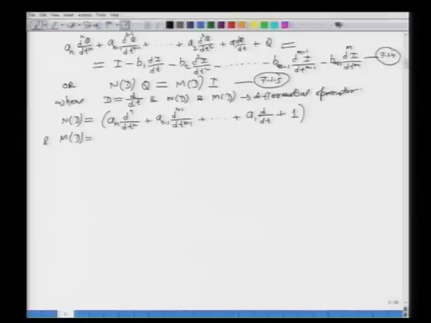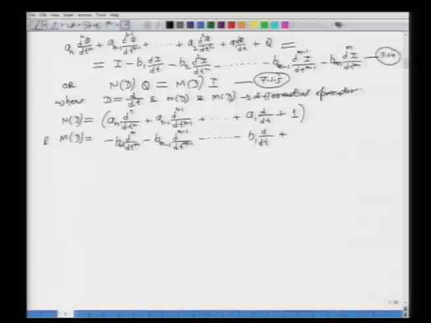In that case you have minus b_m, the last term corresponding to the mth derivative d^m over dt^m, minus b_(m-1) d^(m-1) over dt^(m-1), and all the way up to b_1 d over dt.